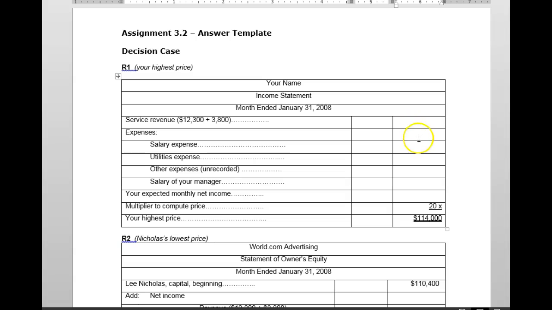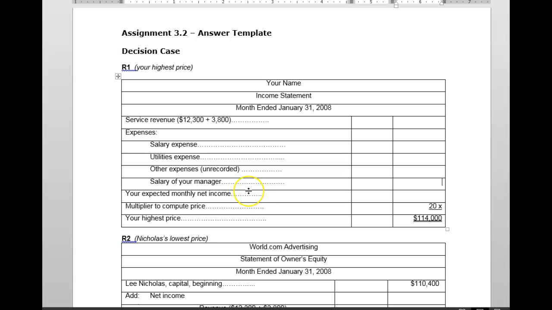Then the next thing you'll find is your salaries expense. And your salaries expense from the trial balance is $3,400. You have a utility expense of $900. You have other expenses that are unrecorded that it says up here in the activity of $1,100 right here. And then you're going to add the salary for your manager of $5,000.